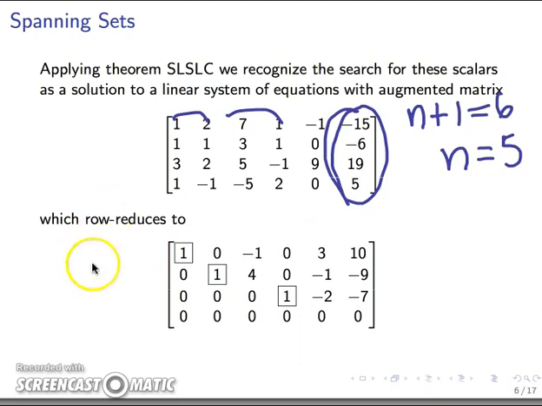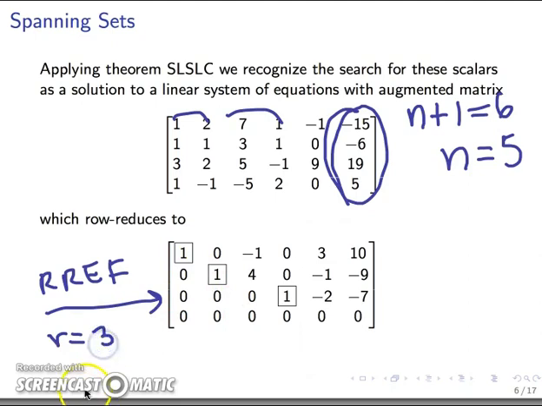Then we compute the RREF. That augmented matrix row reduces to this matrix. Immediately we see there are 3 non-zero rows, and since n is 5, n minus 3 would be different from 0. There are no pivots on the last column of this RREF, and that tells us that there are solutions.